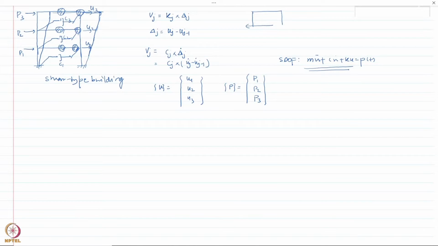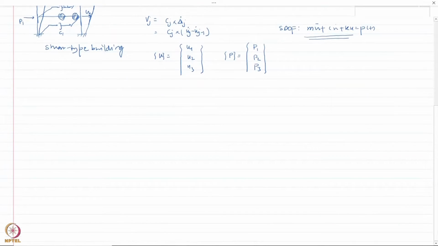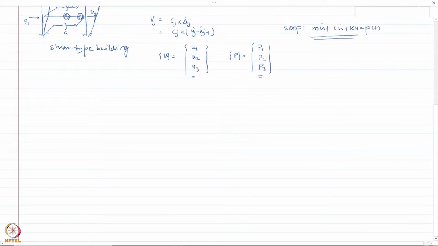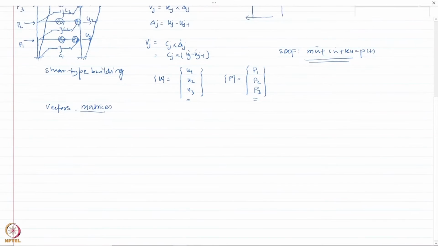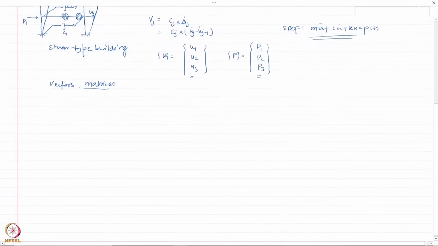Now there would be a key difference, as I said, between SDF and MDF systems, and that would be we now have multiple quantities here. So now we are not dealing with a single quantity, we would be dealing with vectors to represent, let us say, the force vector or the displacement vector, and matrices which you would see are used to represent the stiffness matrix, mass matrix and the damping matrix.